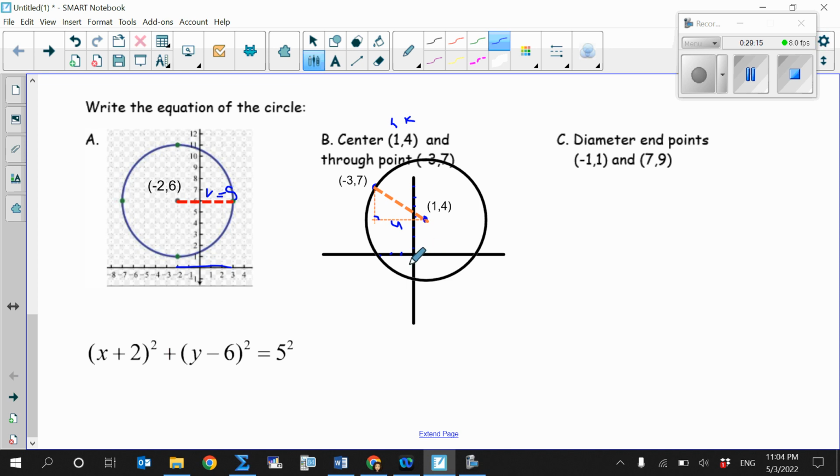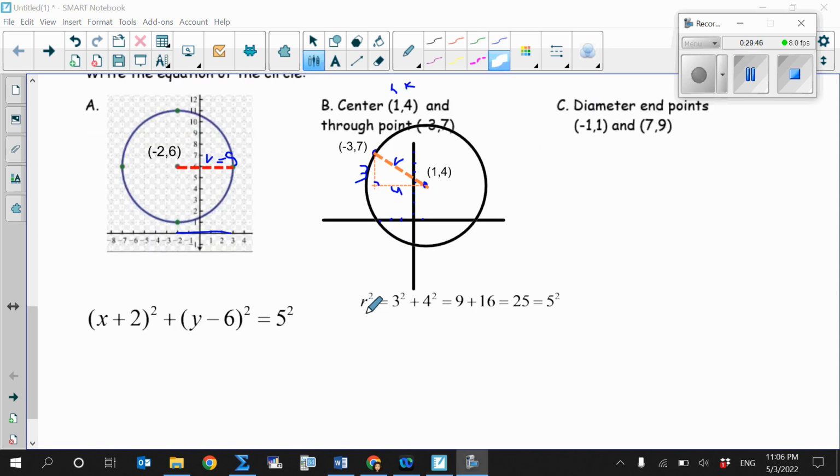That will be 4 units. So the horizontal distance is 4. For the vertical distance, you can subtract the y value, 7 minus 4, and that's 3. Or you can also look at the graph. We have 1, 2, 3 units between these 2 points. So it's 3 and 4. Now, I'm going to use the Pythagorean theorem to find this r.